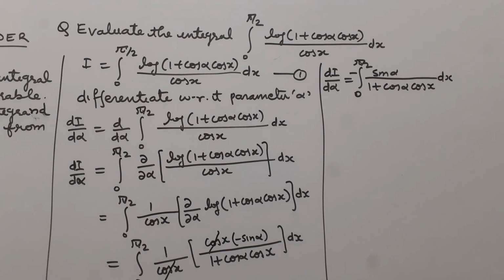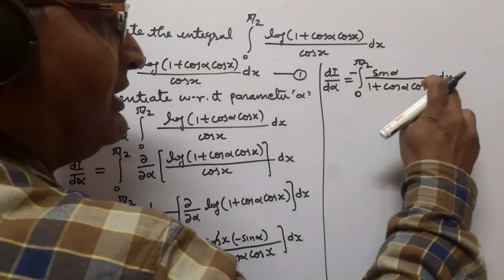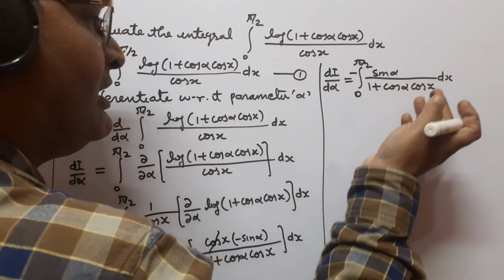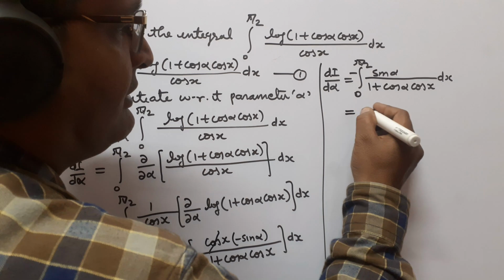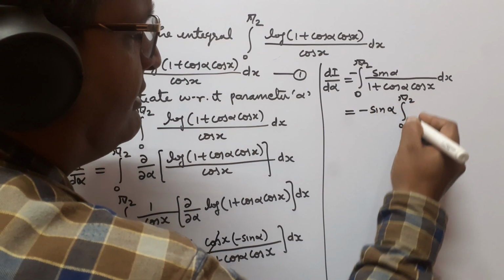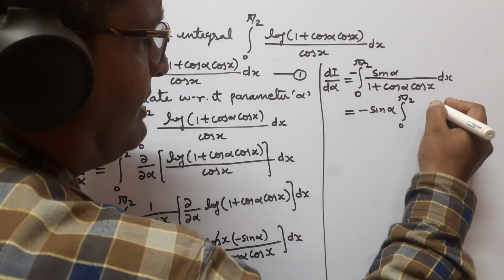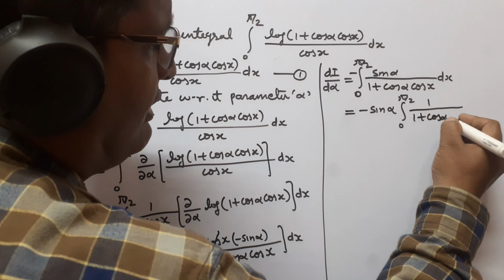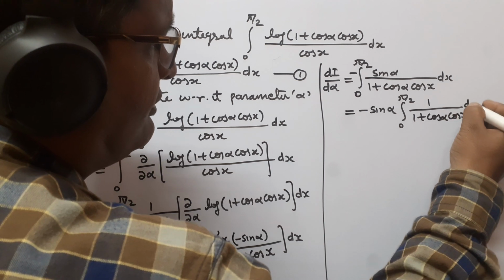Now we integrate this. Here we can see this sin alpha with respect to x is constant, so it will be taken outside the integral sign. So this is minus sin alpha times the integration between the limits 0 to pi by 2 of 1 upon 1 plus cos alpha multiplied by cos x, dx.